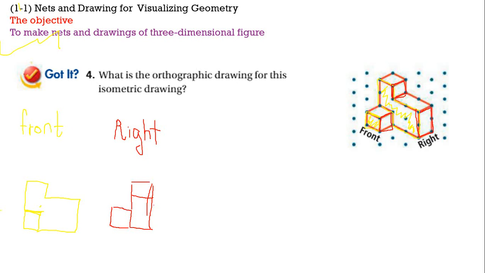The remaining is the top. So the top is what we can see on the top. What we can see on the top is this part, and this part. That's what we can see on the top.